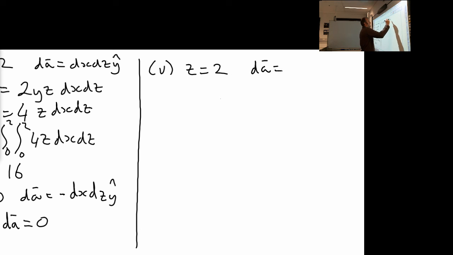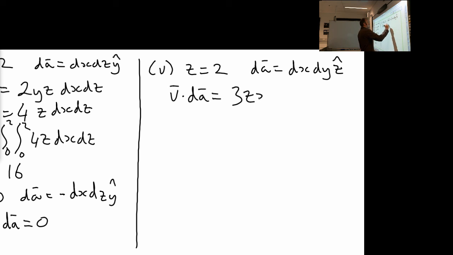dA is now going to be equal to dx dy z hat, and v dot dA is going to be equal to 3zx dx dy, which of course is equal to 6x dx dy.